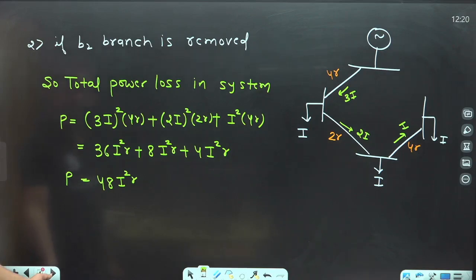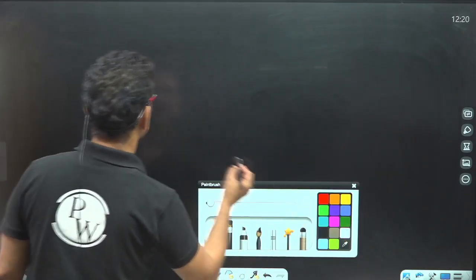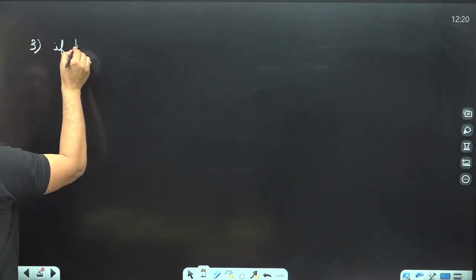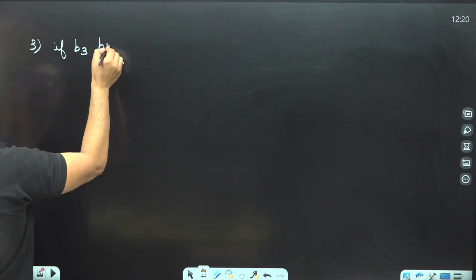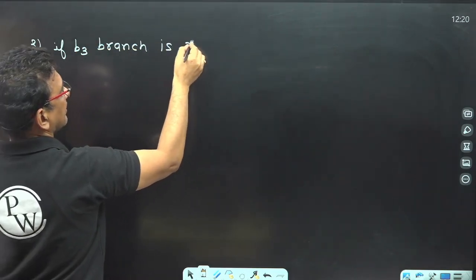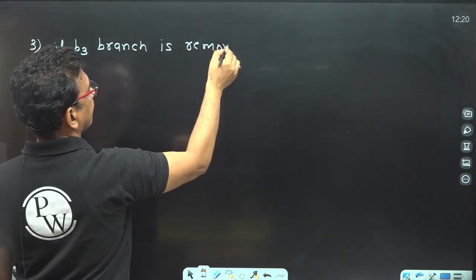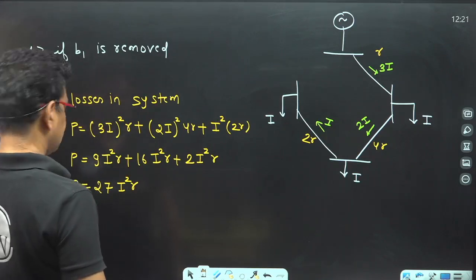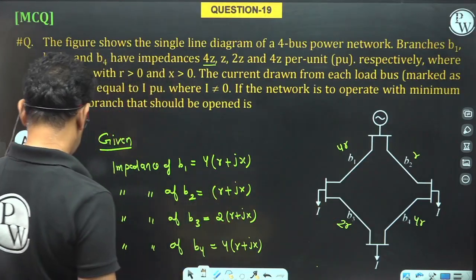Now, if the B3 branch is removed, this is the B3 branch.